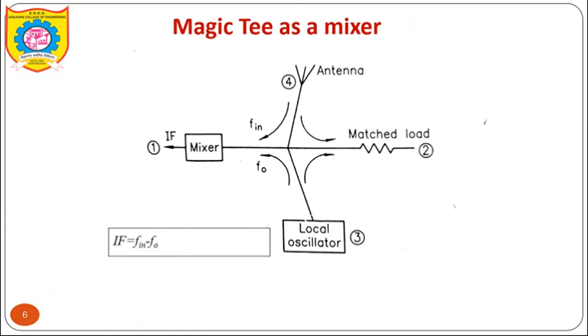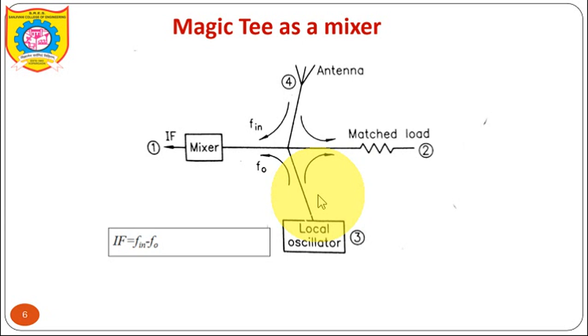Then the second application is the magic T as a mixer. Here the transmitter and receiver are connected to the ports. The magic T can also be used in a microwave receiver as a mixer, where the signal and the local oscillator are fed into the E and H arms.